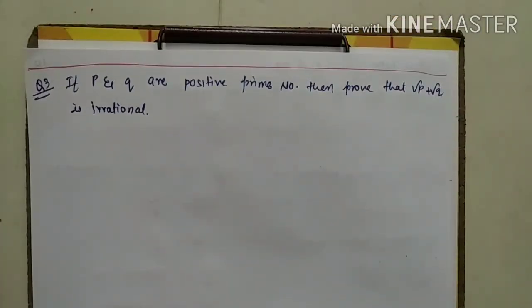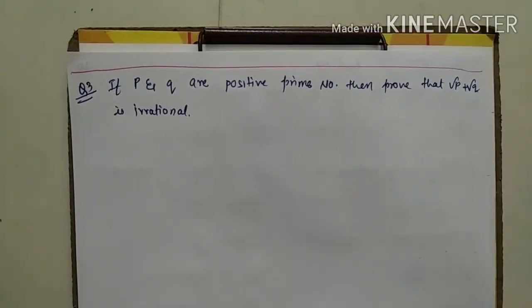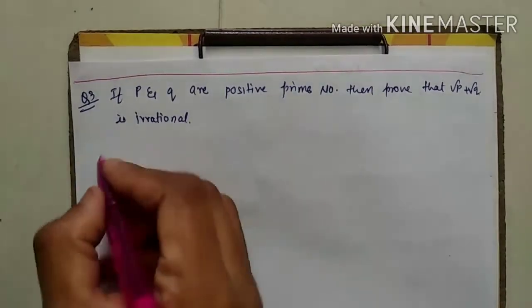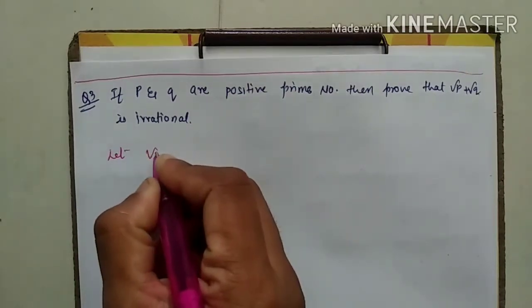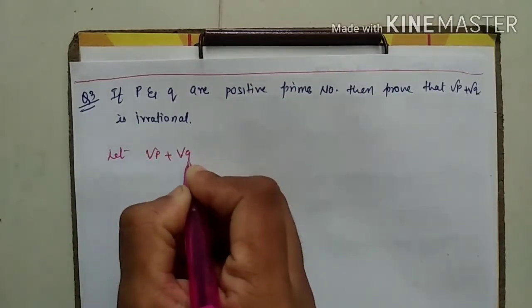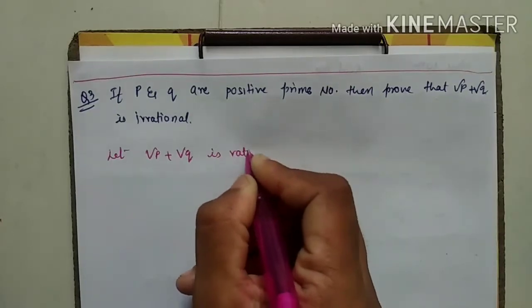Question number 3 I am solving here. Just see how I can solve it. First I will assume, let root p plus root q be a rational number.